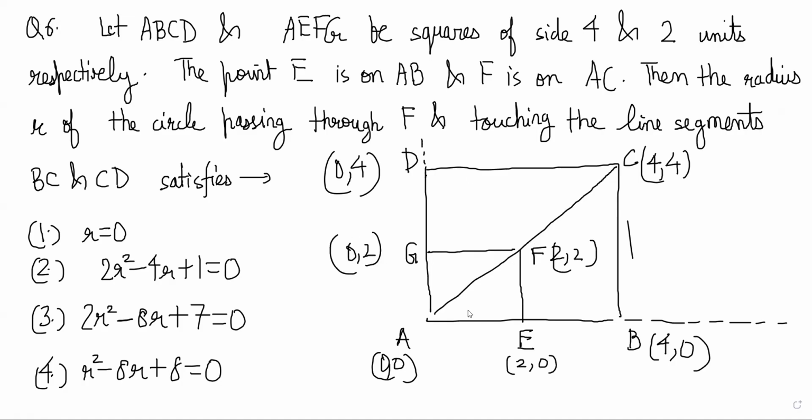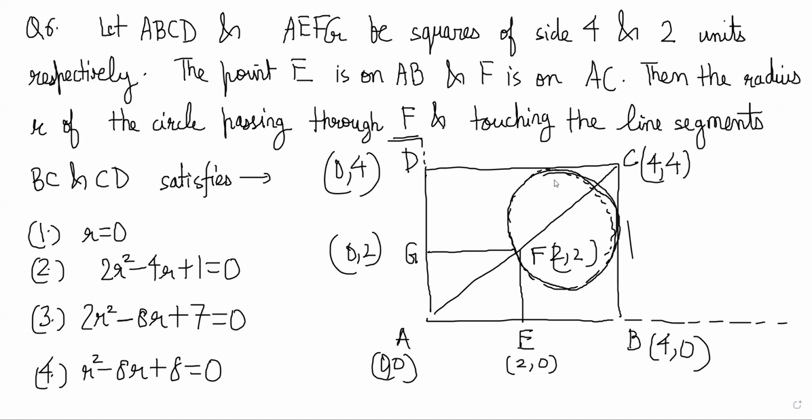Now we have our figure: the circle that passes through F and touches the line segments BC and CD. BC is here, CD is here. Something like this. This is my situation.